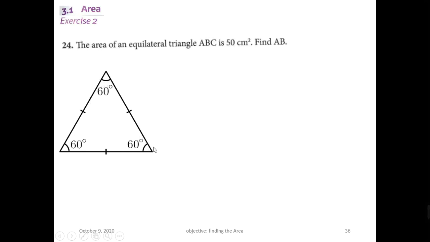If you substitute, half times N times N times sine of 60, and you replace the area by 50. When you simplify it, it's going to be 0.5 times N squared times sine of 60.